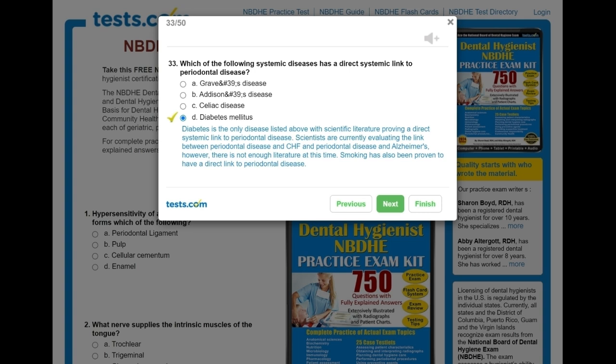Diabetes is the only disease listed above with scientific literature proving a direct systemic link to periodontal disease. Scientists are currently evaluating the link between periodontal disease and CHF and periodontal disease and Alzheimer's. However, there is not enough literature at this time. Smoking has also proven to have a direct link to periodontal disease.